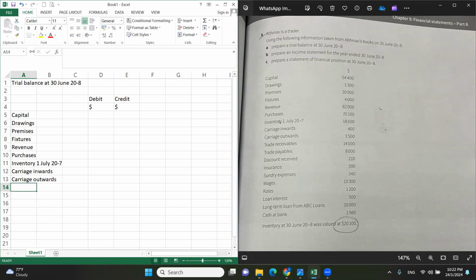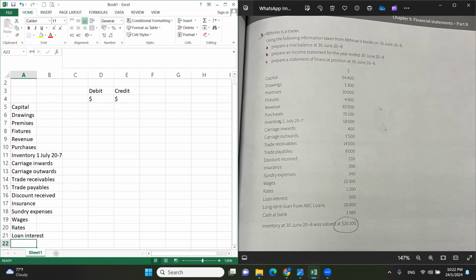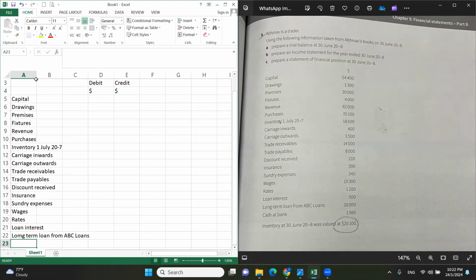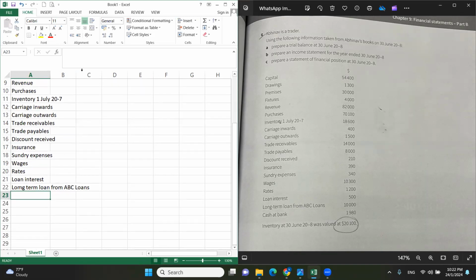and then trade receivable, trade payable, discount received, insurance, sundry expenses, and then wages, rates, loan interest, and then long-term loan from ABC loan, and then next is cash at bank.